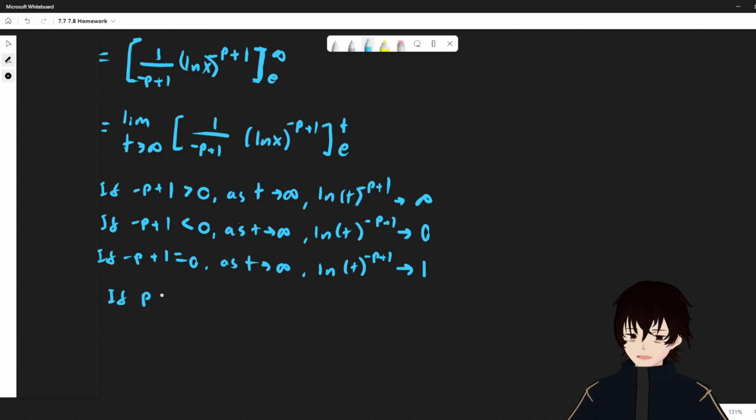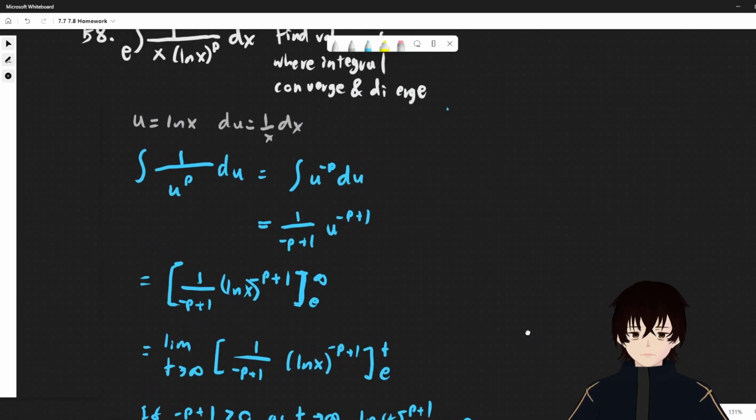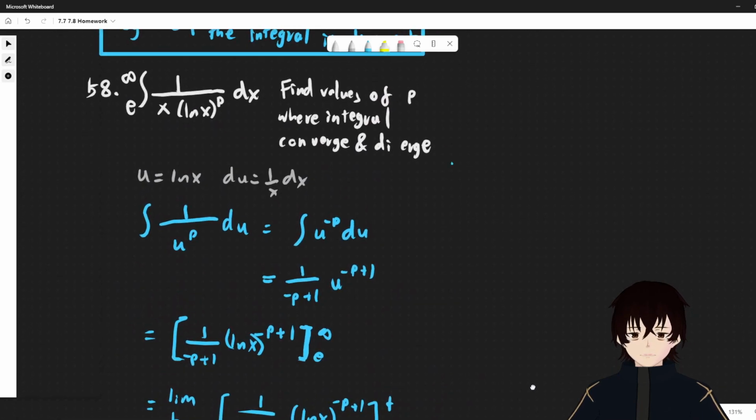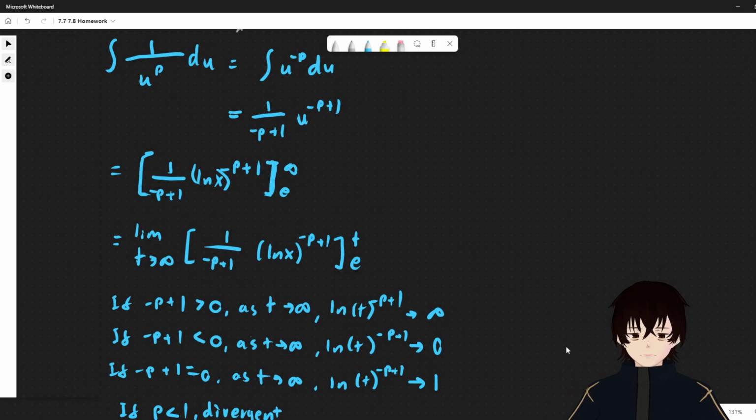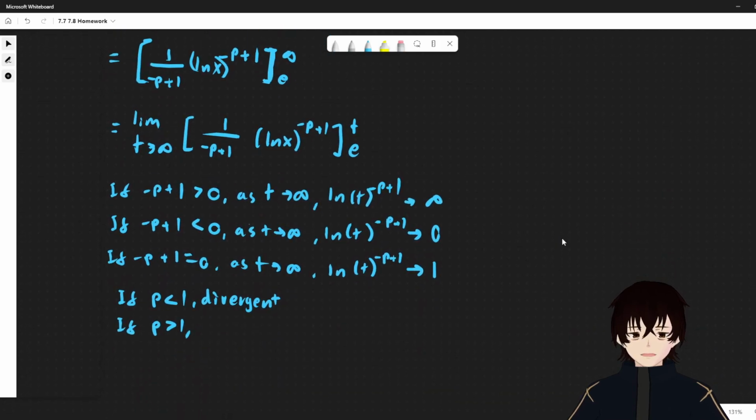If p is less than 1, divergent. If p is greater than 1, then the integral of that thing is natural log of e.